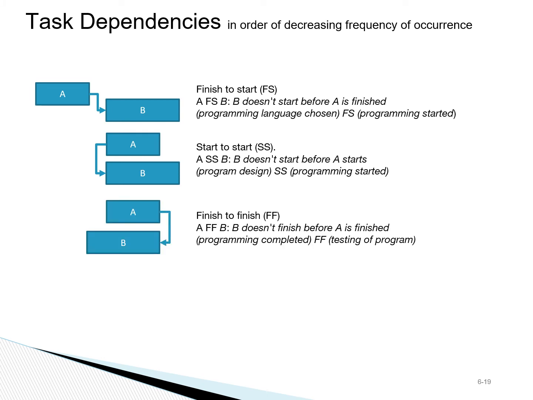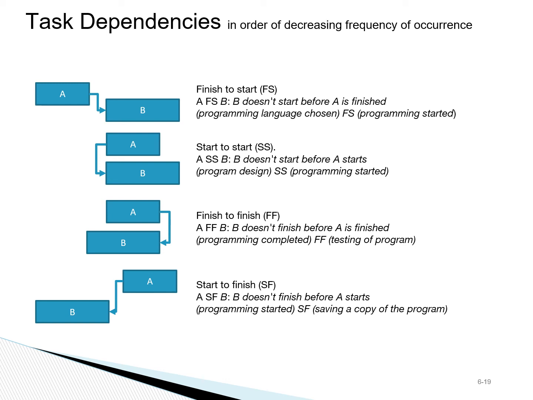Another dependency is the finish to finish relationship, when B cannot finish until A is finished. Testing cannot finish until programming is finished. Again, typically with a little bit of delay.